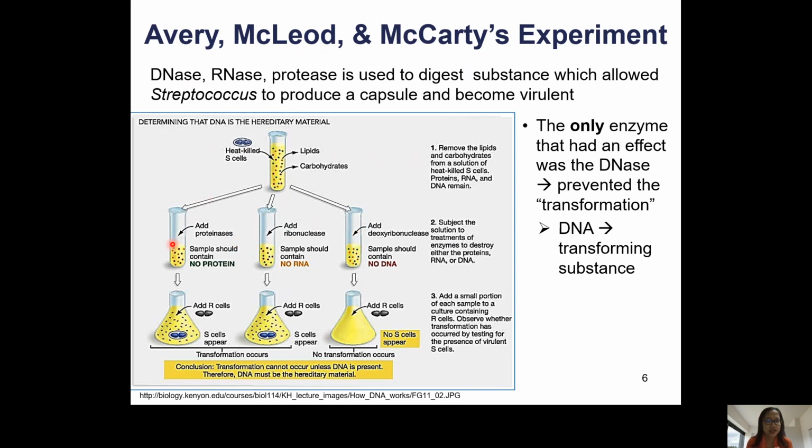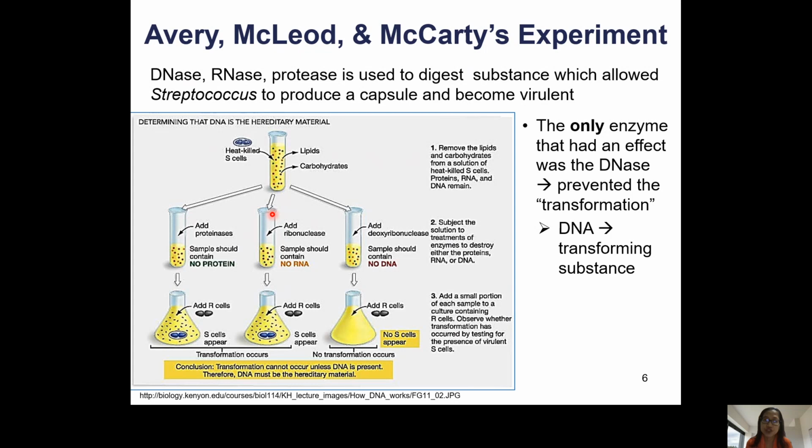On the first tube, they took a sample and found that there's no protein in it. On the second tube, no RNA, remember, because it's ribonuclease. We're going to see again the difference between RNA and DNA, just to remind you, because I believe that when you learned biology in high school, you knew about it already.